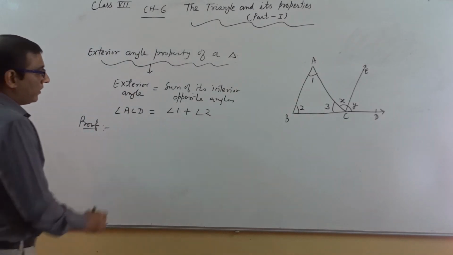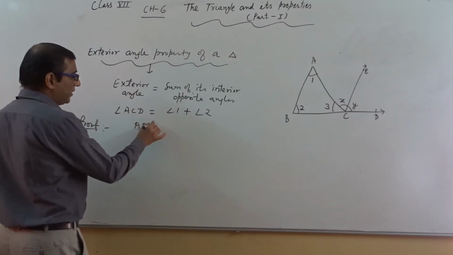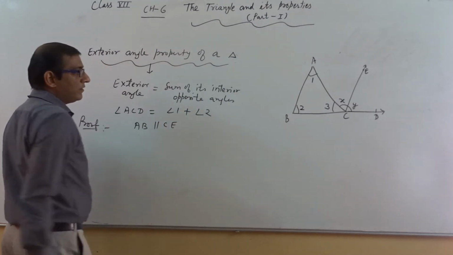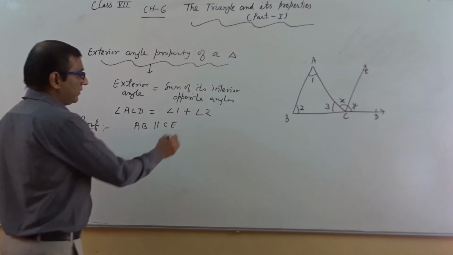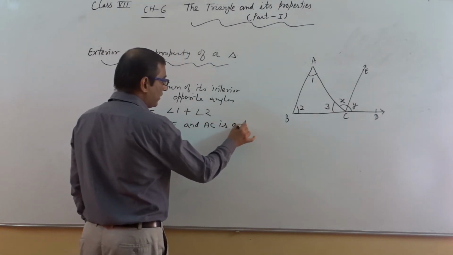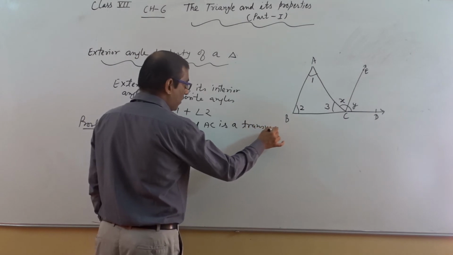So as you see in this figure, AB is parallel to CE, right? And AC is a transversal line.